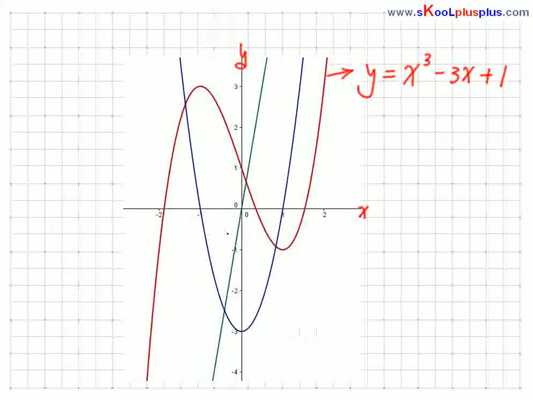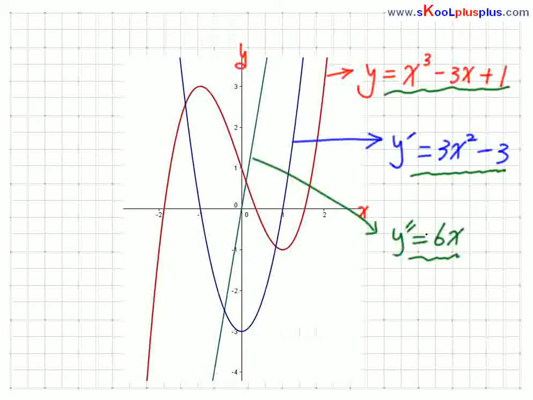Look at this beautiful masterpiece. This red one right here is the original graph, which is y equals x to the third power minus 3x plus 1. This is x, this is y. Now, what about the first derivative?